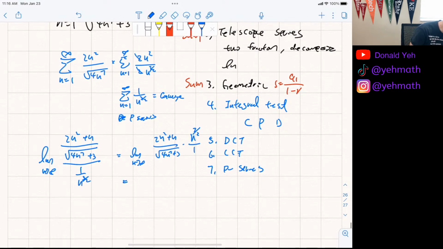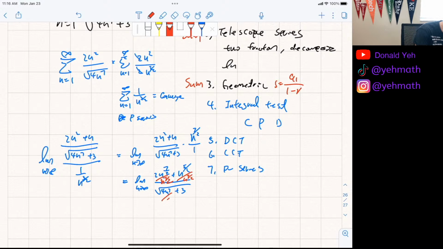Therefore, you get the limit as n approaches infinity of 2n to the 7 over 2 plus n to the 5 over 2, over 4n to the 7 plus 3 under the radical. Now I'm going to divide top and bottom by n to the 7 over 2. Inside the radical it's n to the 7, so that's n to the 7 over 2.